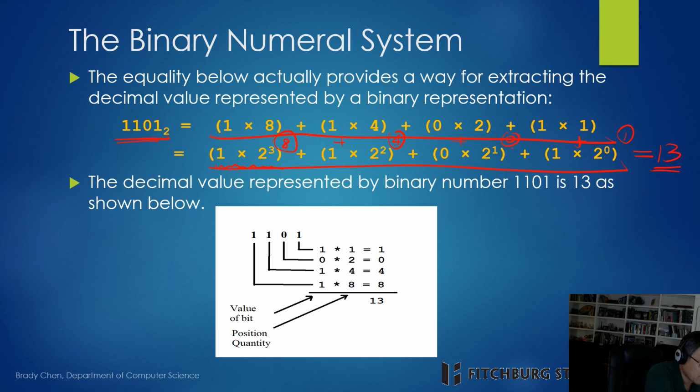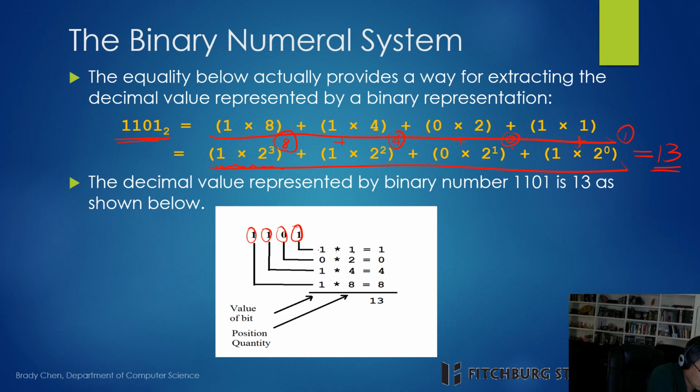So in this diagram, we give you some explanation of how we are going to convert this binary number into a decimal value. Okay, so this 1 represents 1's position, that's 2's position, 4th position, and 8th position. So this is 1 times 1 for 1's position.